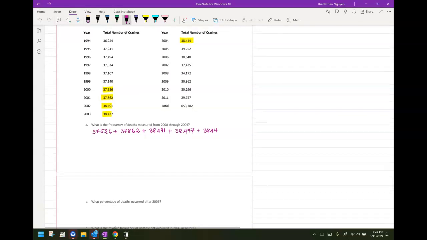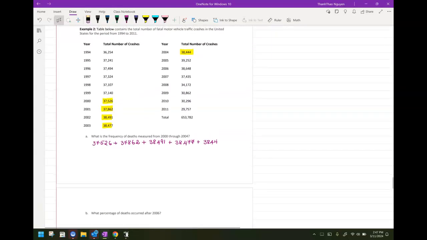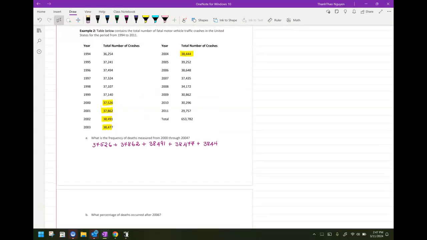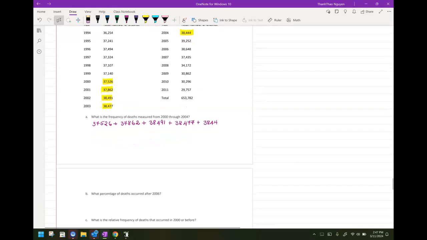What is the percentage of deaths that occurred after 2006? Well, to do that, first we need to calculate the number of deaths after 2006.